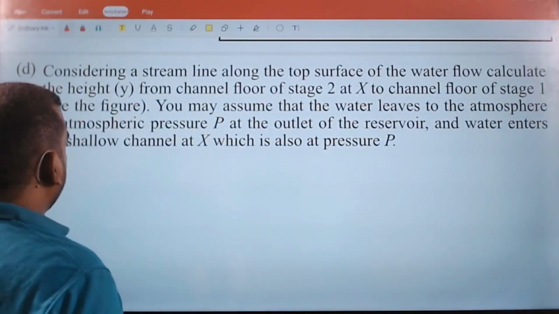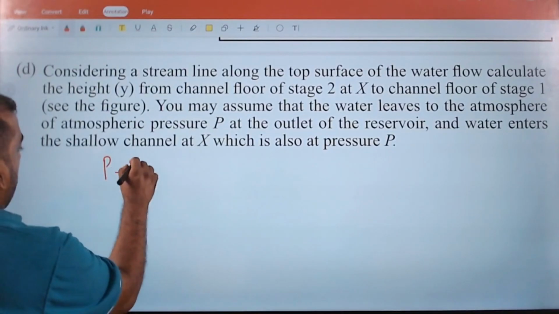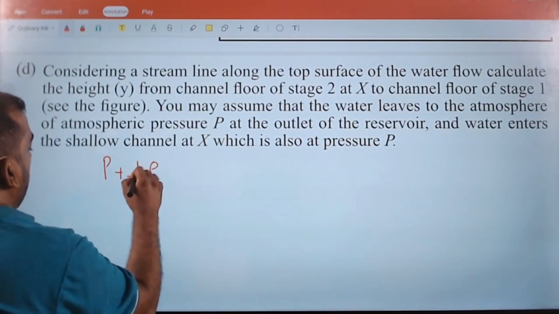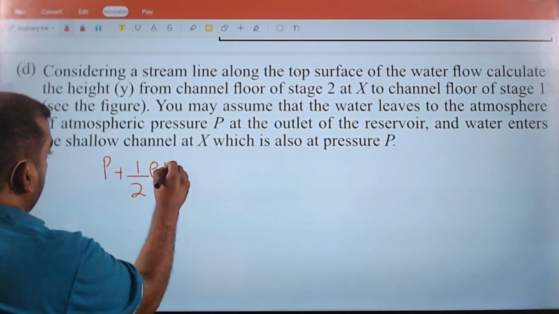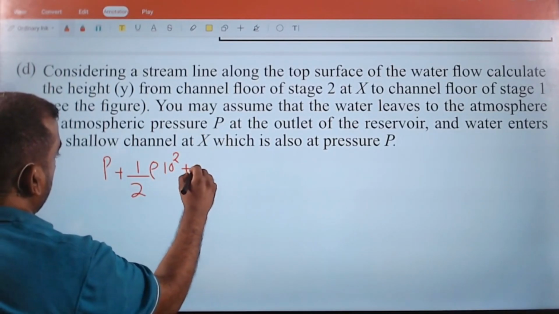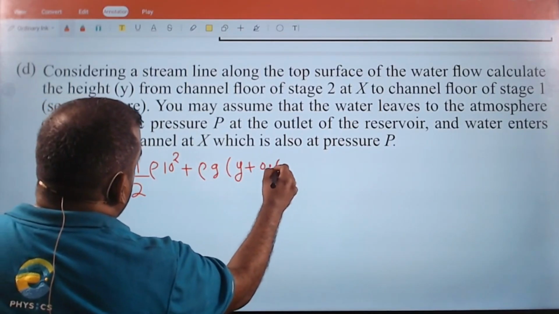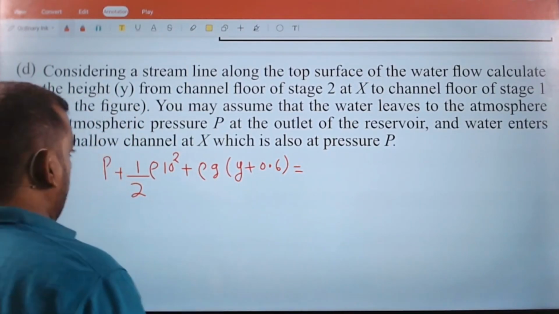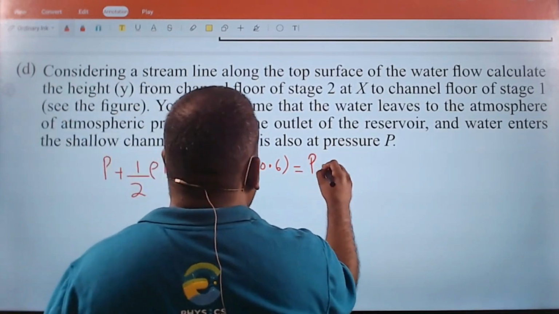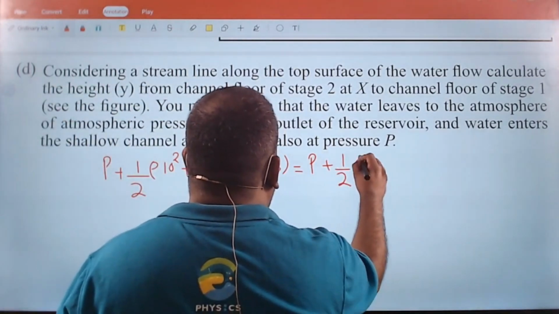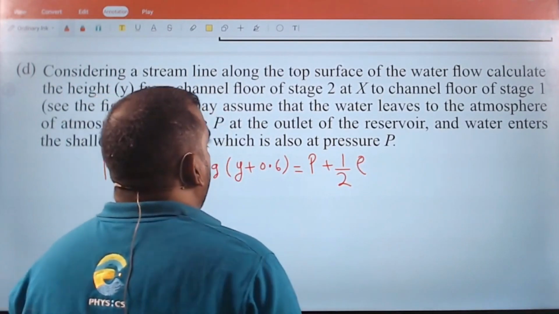Now apply Bernoulli. P plus half rho velocity square, rho g y plus 0.6. Atmospheric pressure, half rho velocity square.